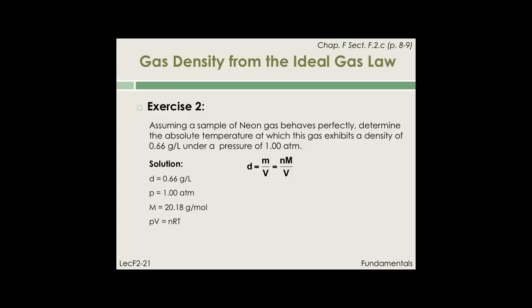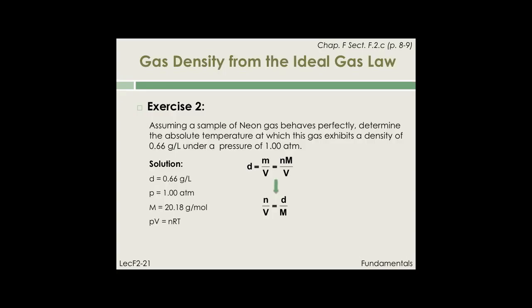Or lowercase m equals n times uppercase M. So we can express the density D as the product of nM divided by the volume V. We rewrite this equation as n divided by V equals D divided by M.